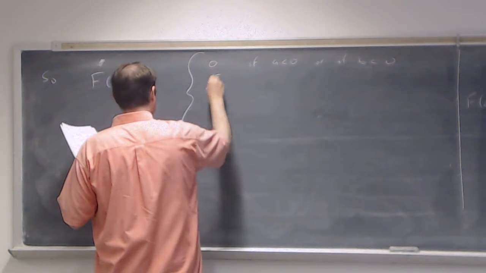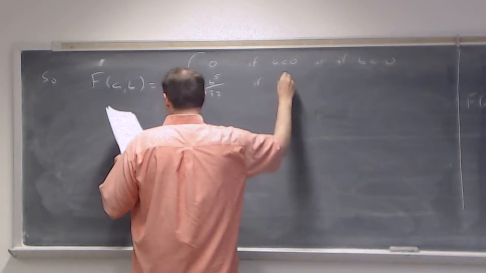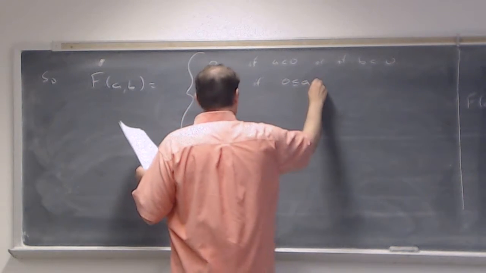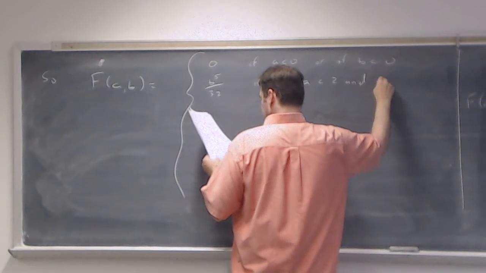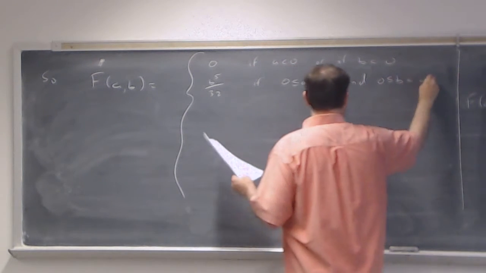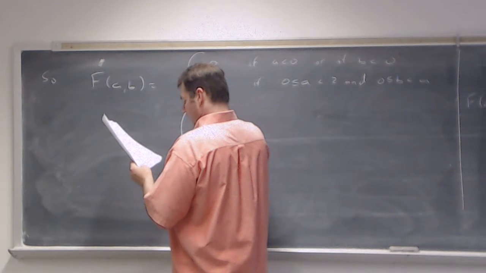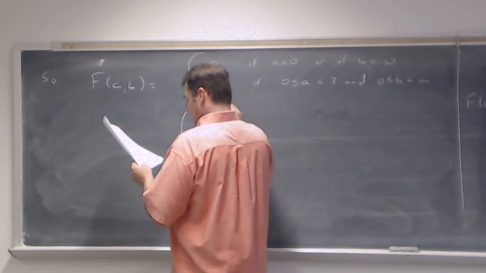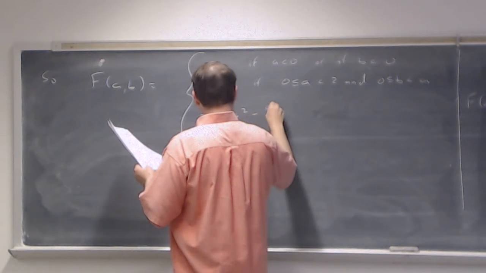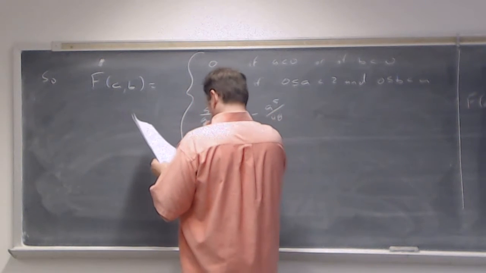It's b to the 5th over 32 if 0 is less than or equal to a, which is less than 2, and 0 is less than or equal to b, which is less than a. It was 5 over 96, I think we found, b cubed a squared minus a to the 5th over, I think it was 48.